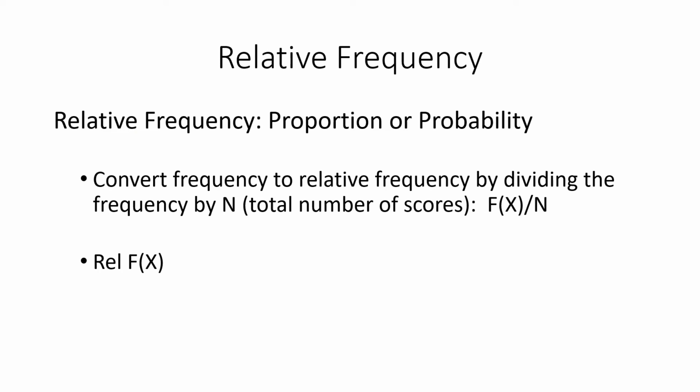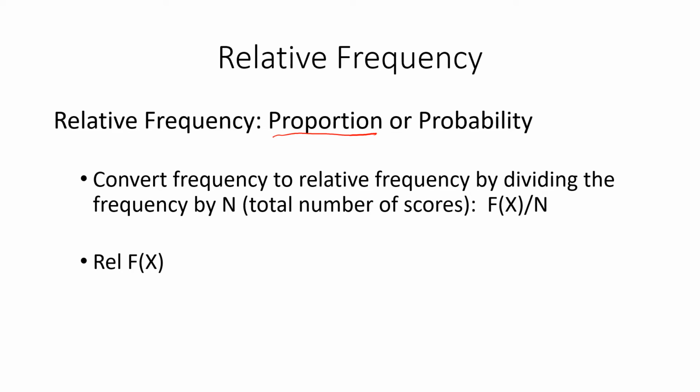Next is relative frequency. Relative frequency is now going to be a proportion. It's also a probability, but we're going to look at it as a proportion for now. We are going to convert our absolute frequency, our f of x, to a relative frequency.